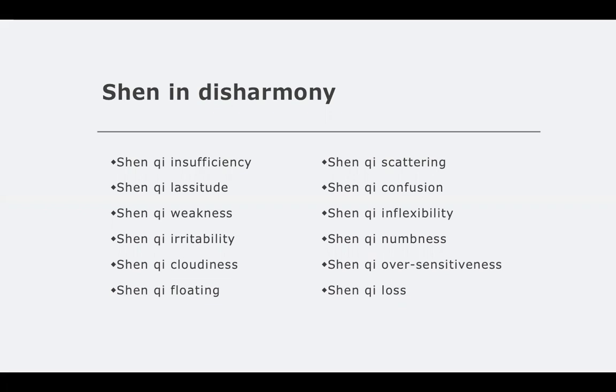So the shen qi insufficiency refers to being physically disordered or ill, which triggers mental energy dysfunction. For example, we have congenital disorder, malnutrition, and aging.